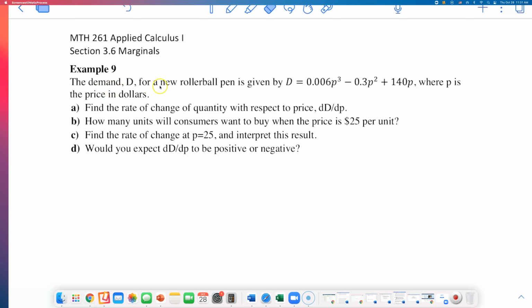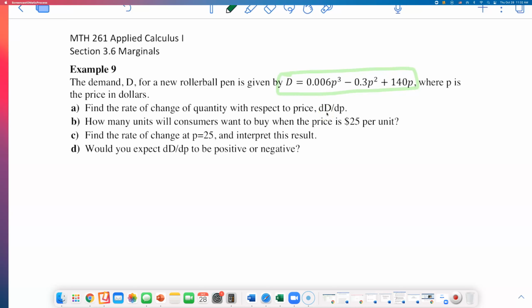So, demand D for a new rollerball pen. We're talking about a pen here. It's given by D equals, so this is a demand function, and P represents the price of this rollerball pen. Part A says, find the rate of change of quantity with respect to price, dD/dP. So they're asking for the change in demand with respect to price. As price changes, how will the demand for this rollerball pen change?